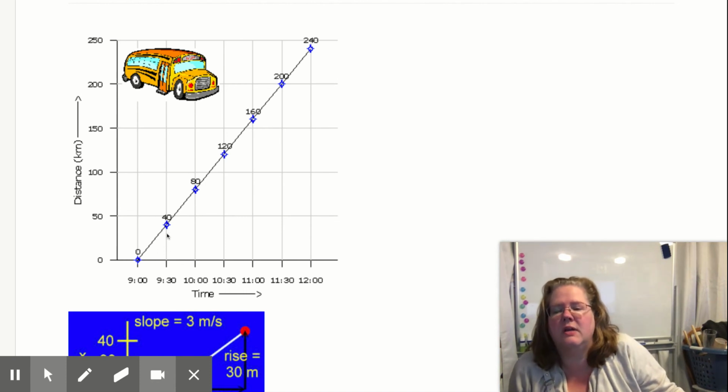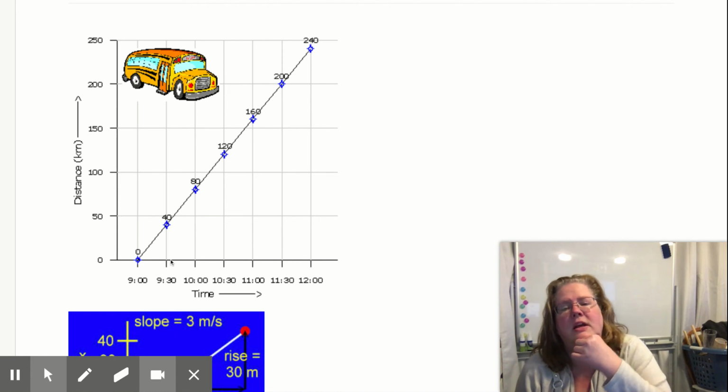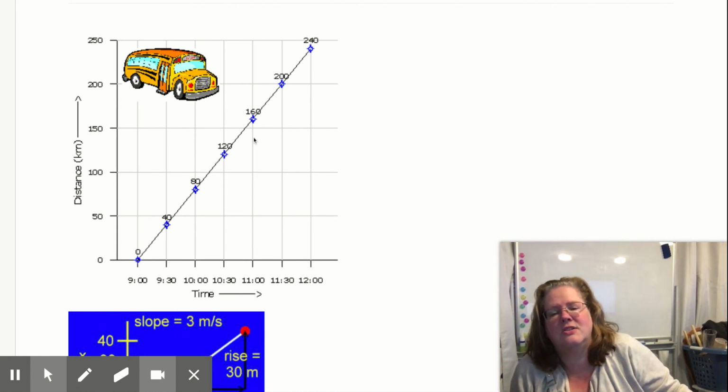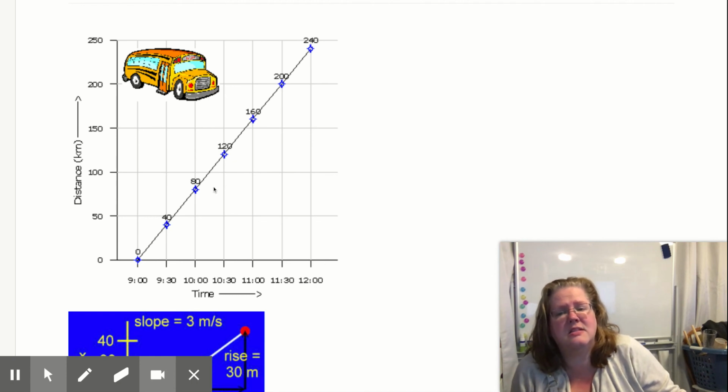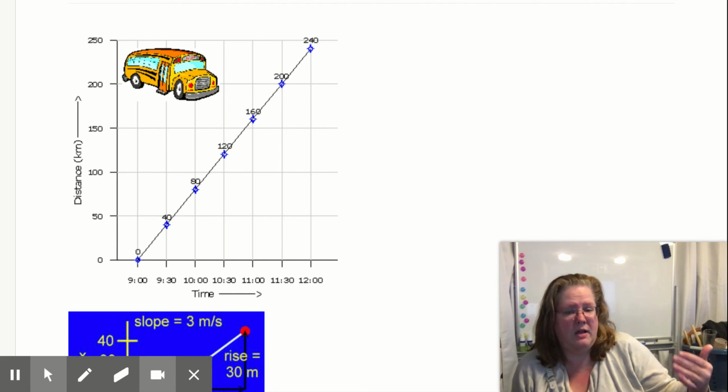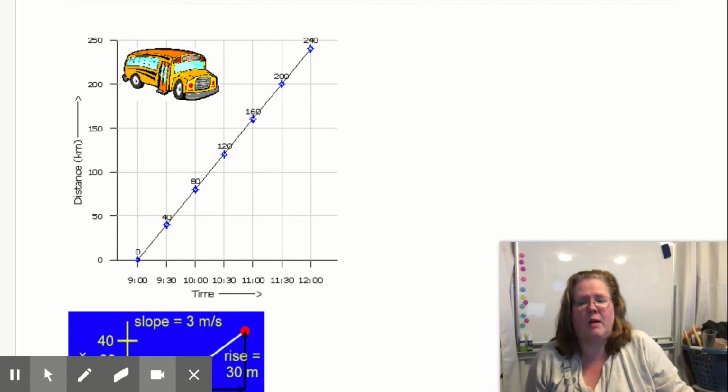So if I go and look at 9:30, it's been traveling for 30 minutes and it traveled 40 kilometers. I could calculate its speed at that point. It would be 40 kilometers divided by 30 minutes, and I could calculate that out. Now, the fact that this is a straight line is probably saying this is traveling at a pretty constant speed, and we could calculate that out, which is what we're going to be doing on the next assignment when you do some speed problems.